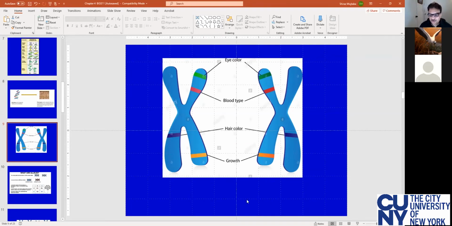The next question is why Gregor Mendel is called the father of genetics. Gregor Mendel did all the work to explain the mechanism of inheritance, major work.